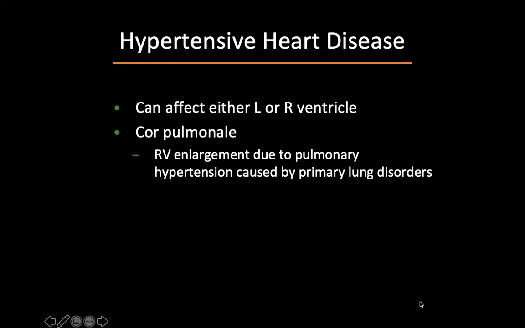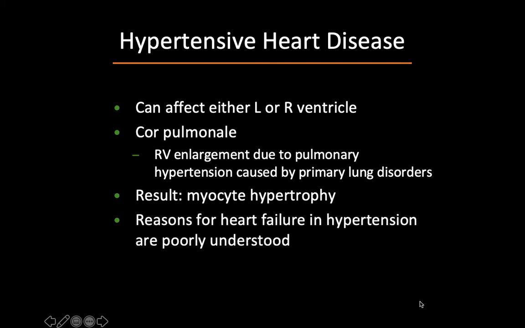So as the blood is being pumped from the left ventricle into the systemic circulation, if we have hypertension in the systemic circulation, the left ventricle is going to have to be working harder also. And that increase is going to cause left ventricular hypertrophy also. So you have myocyte hypertrophy that's occurring.